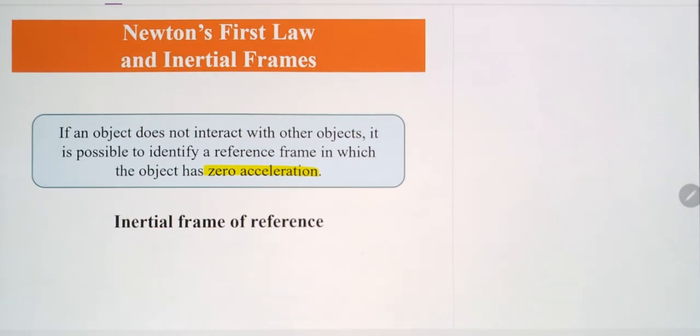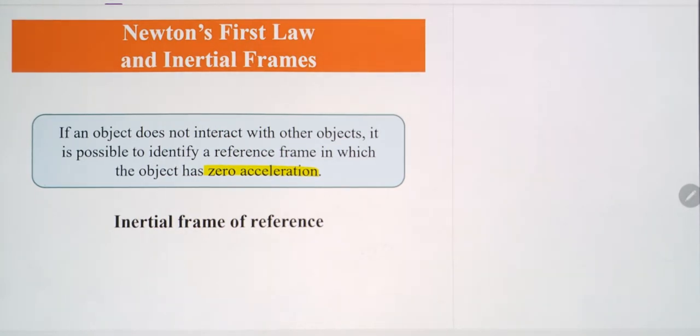That's the first point. The second point, he said, well, if that is the case, then I cannot do any experiment to prove that I am moving with a constant velocity, because I cannot determine that I am moving in a constant velocity. It could be I'm stationary and everything around me is moving.